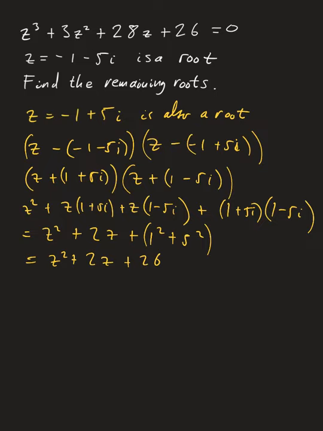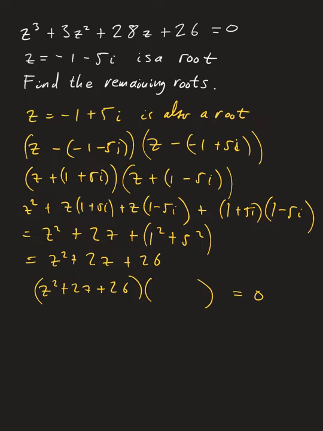So my original polynomial can be written as this times something else. So it can be written as z squared plus 2z plus 26 times some other factor equal to 0, the equation.